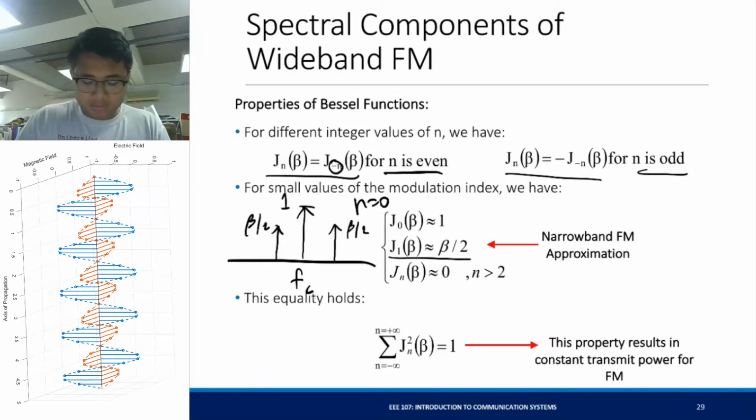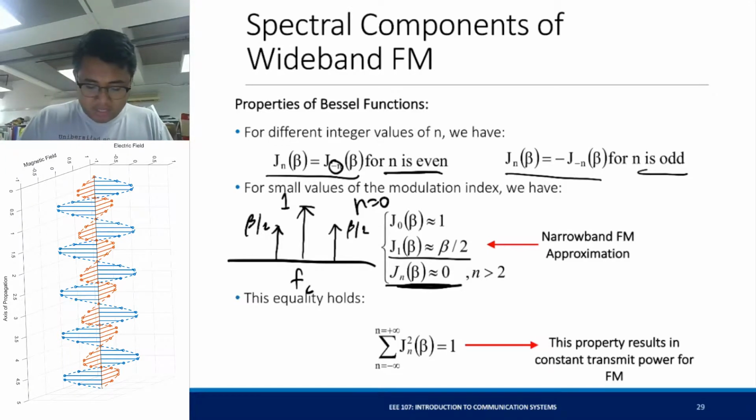Okay? And the others would be approximately 0. And this actually predicts what we got earlier when we were looking at narrowband FM signal. So this wideband FM analysis is the generalization, of course, to all FM signals.